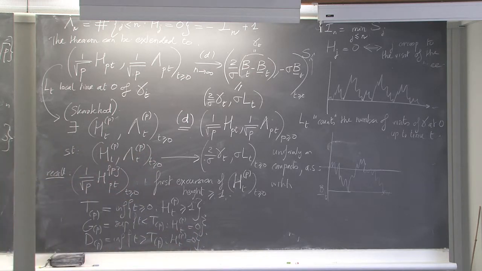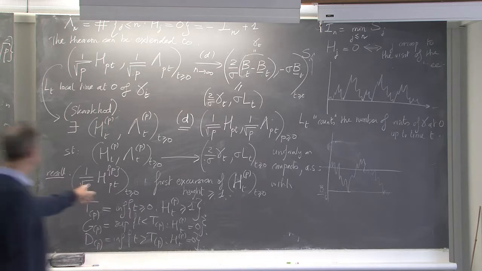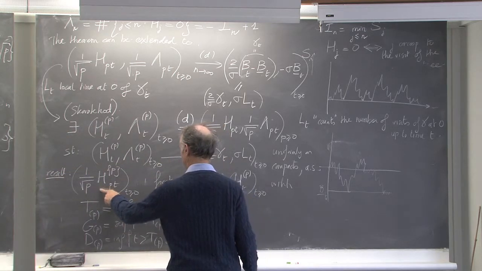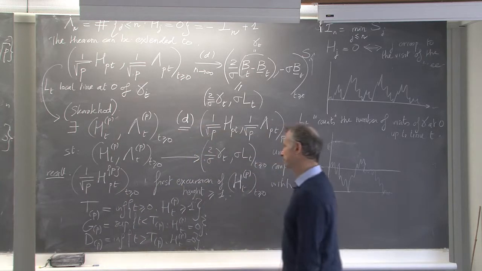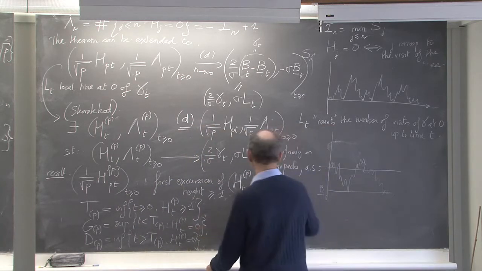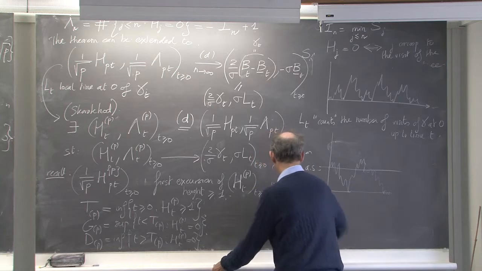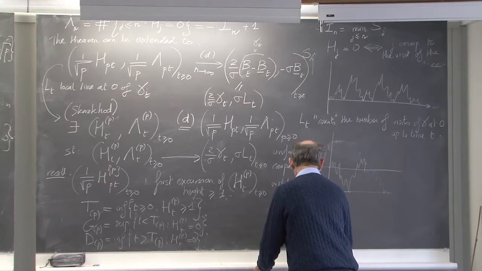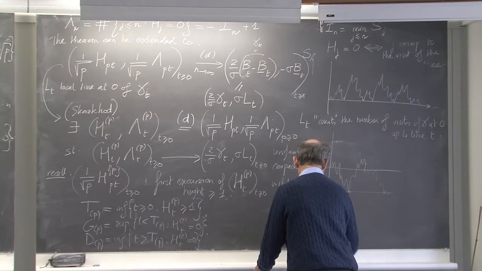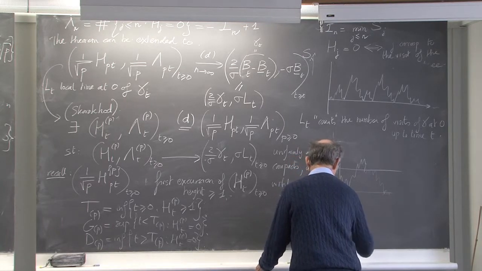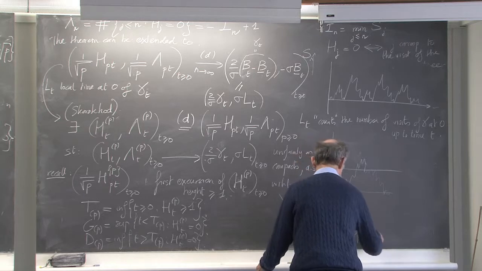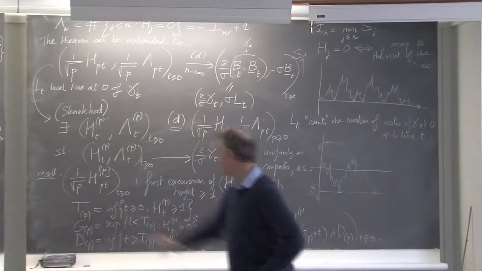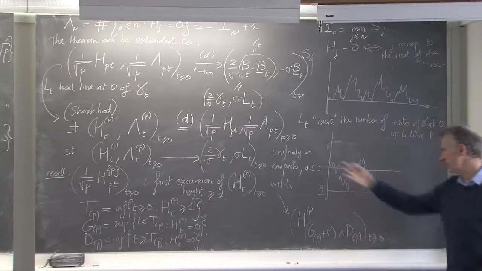Now what do I mean by first excursions? I mean that I look at H_p at time G_p plus t, infimum D_p. So instead of considering this object, I can consider this one. They have the same distribution.